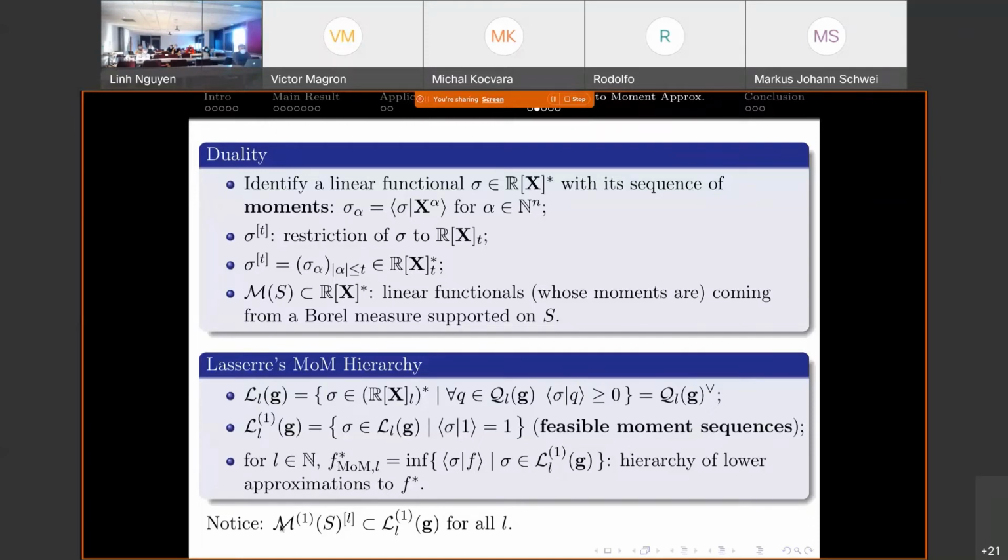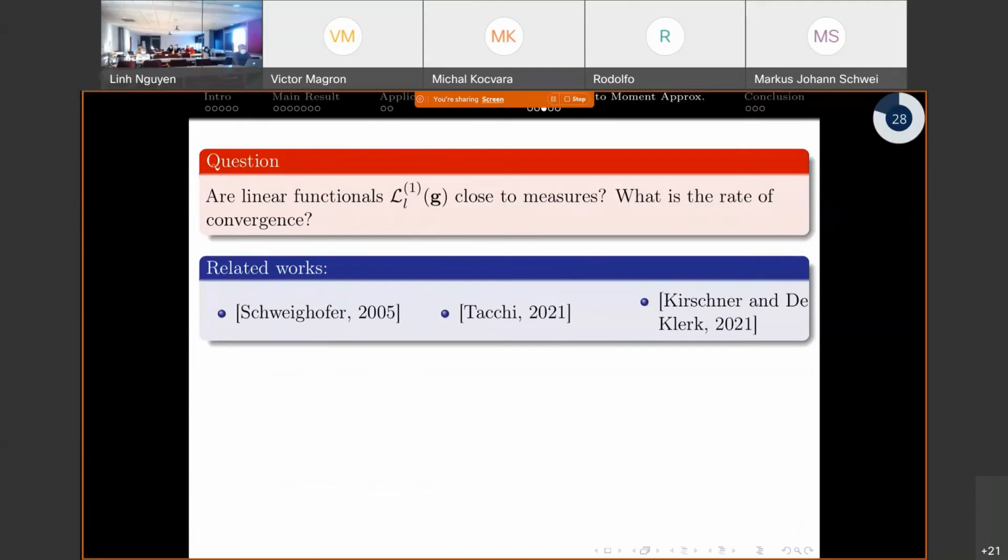And notice that the Borel probability measures on S are a subset of these feasible moment sequences. So we do know that there is convergence in value, but another question is, are the linear functionals that we use close to measures? And if yes, what is the rate of convergence?